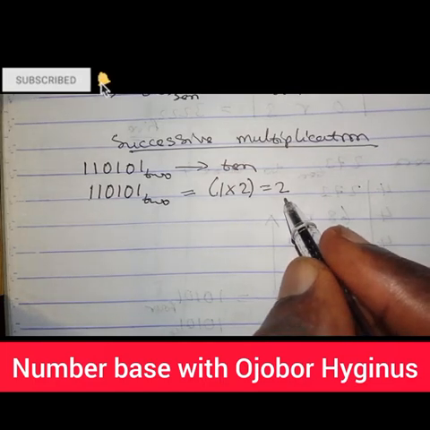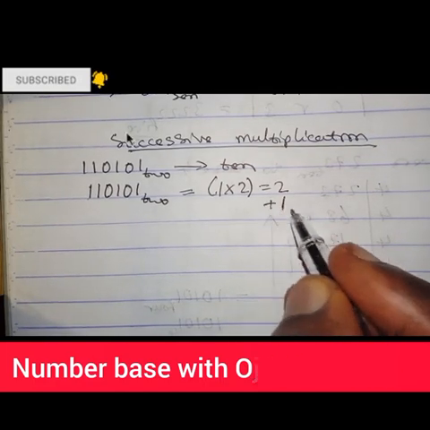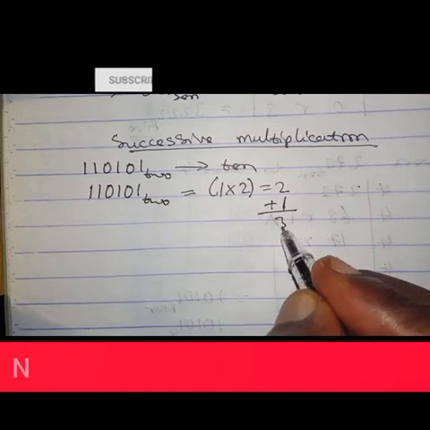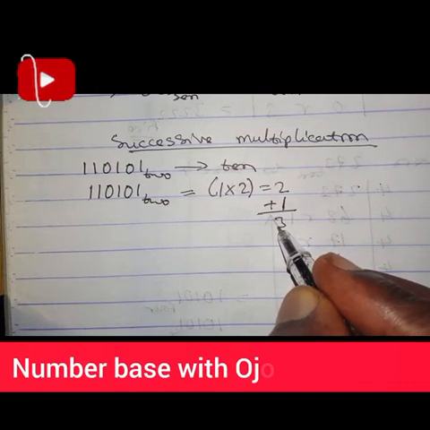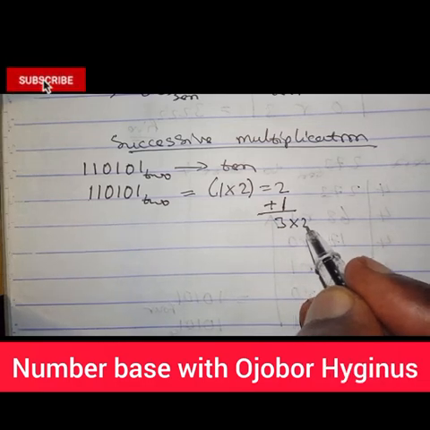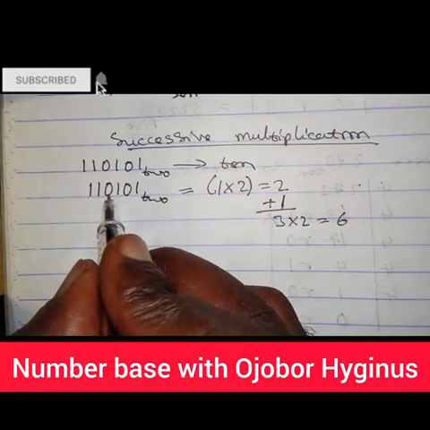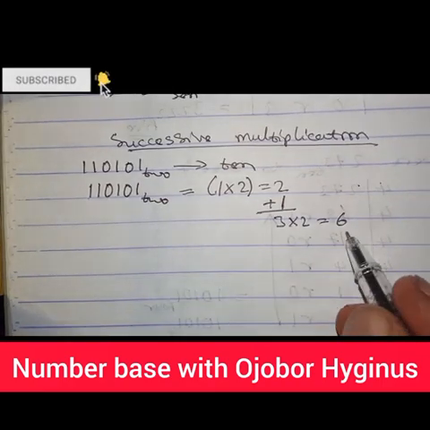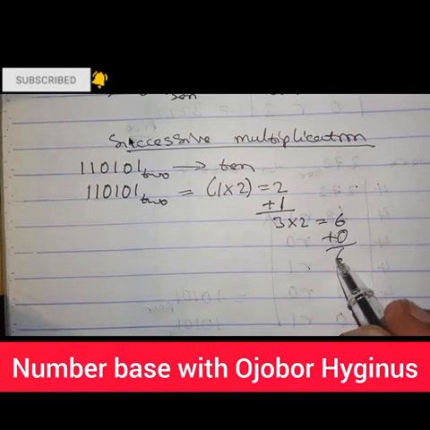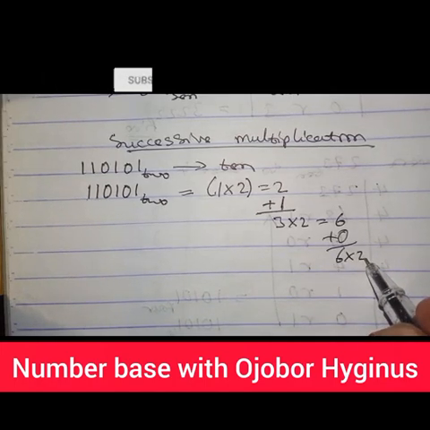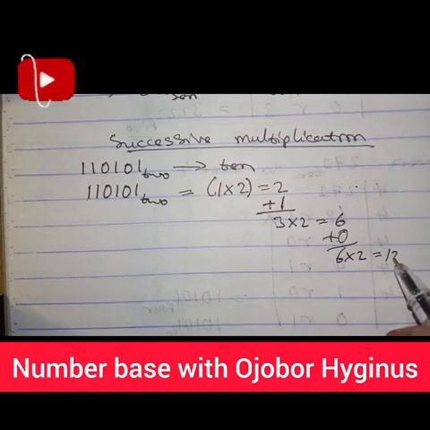If I add the next digit, 1, I'm going to get 3. Then multiply it again by the base, which is 2, and that will give me 6. I'll add the next digit to it, which is 0, and that will still be 6. Multiply it again by the base, and that will give me 12.